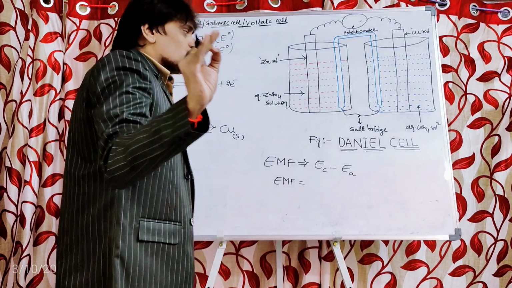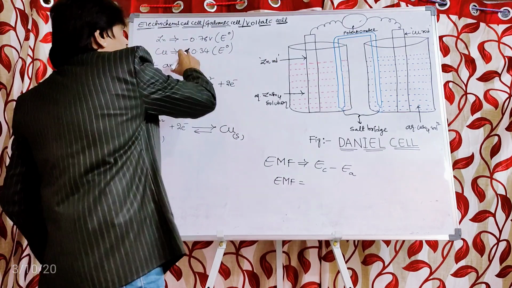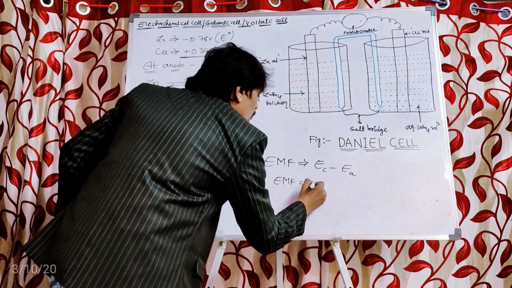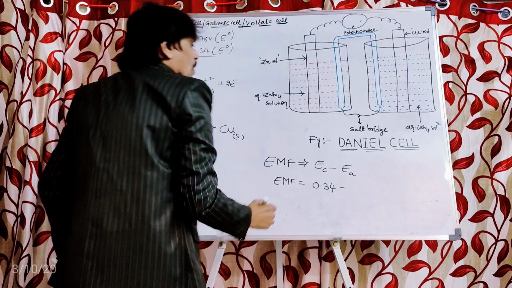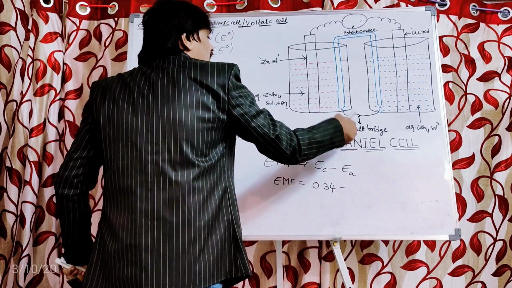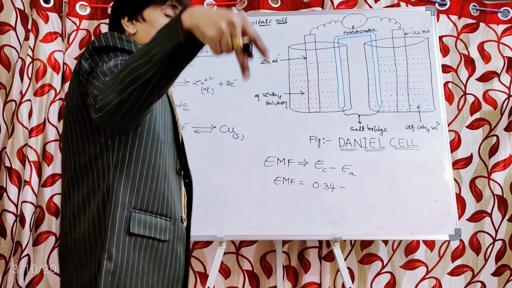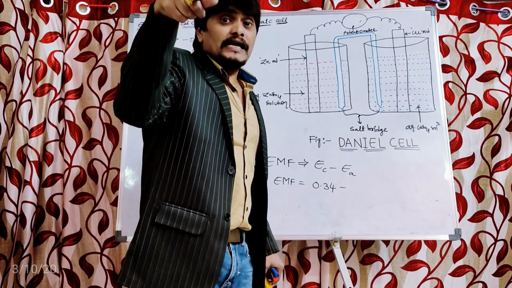What is that electrode which is acting as a cathode among the copper and the zinc? Copper. So its value is plus 0.34, minus the electrode potential of the electrode acting as anode. What is that electrode among the zinc and the copper which is acting as anode and undergoing oxidation? Zinc.